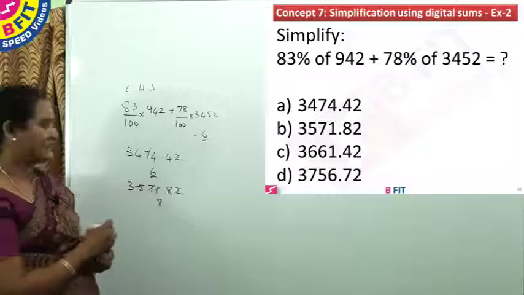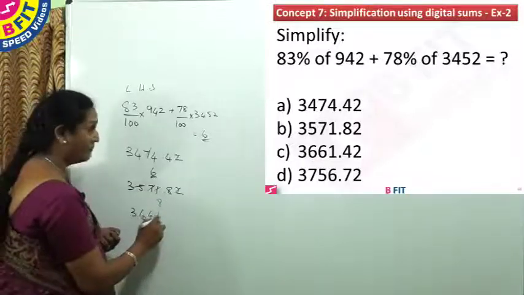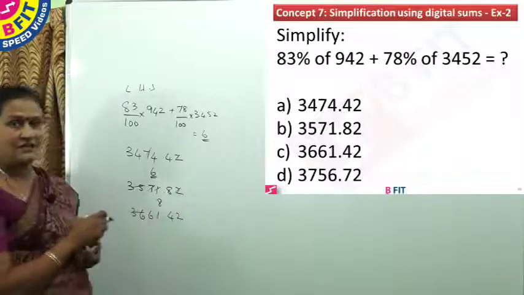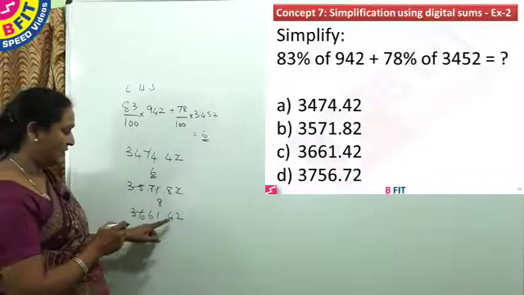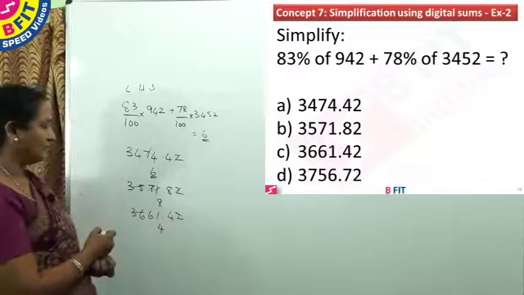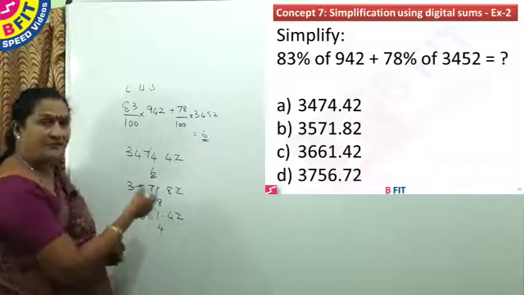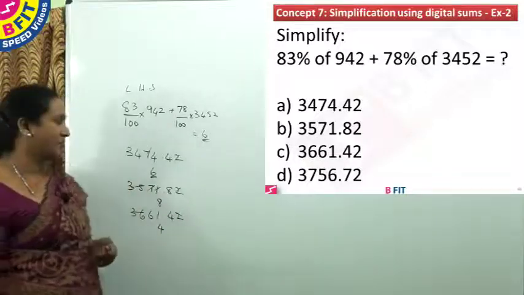Now for option C, we'll see what is the digital sum. So we can leave the 6 and 3 because it is 9. And 6 plus 1, 7 plus 2, 9. So digital sum is 4. And we'll check for option D. So options B and C have different digital sums.